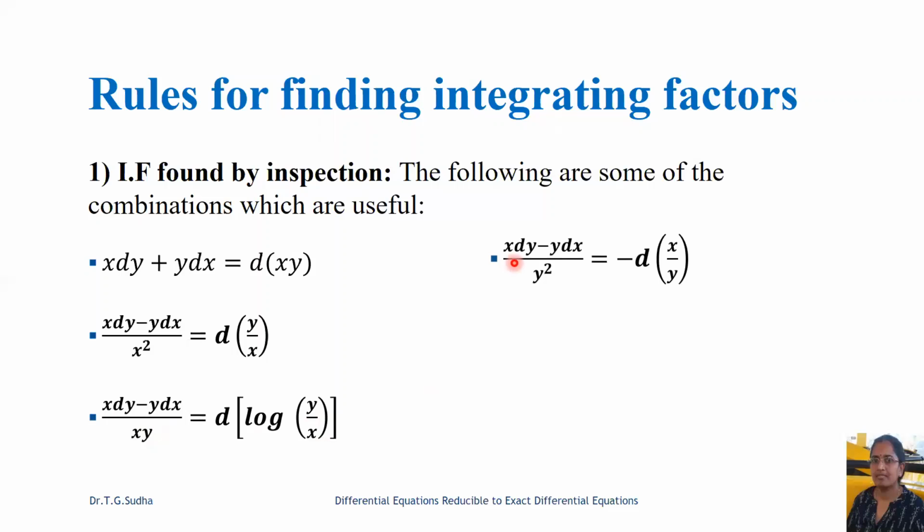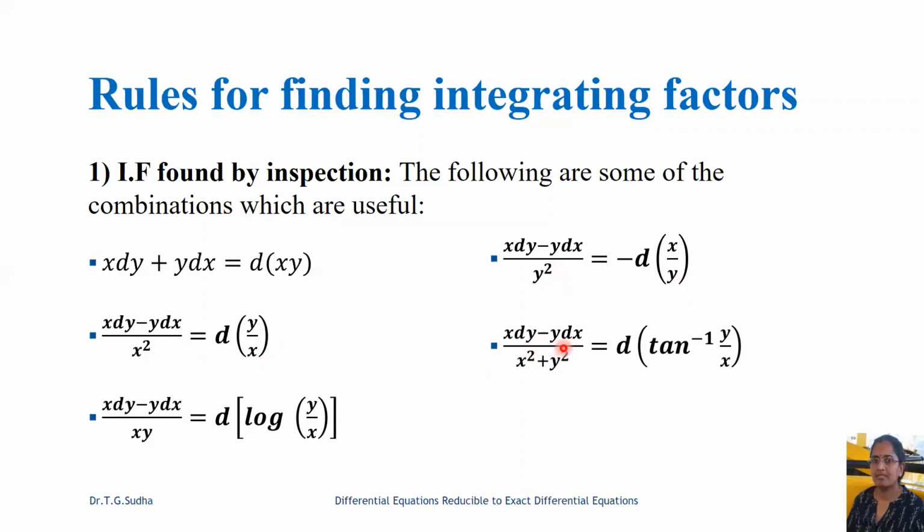We also have x dy minus y dx divided by y square, and that is minus of d of x by y. Here we can see x dy minus y dx divided by x square gives us d of y by x, whereas x dy minus y dx divided by y square gives us minus d of x by y.